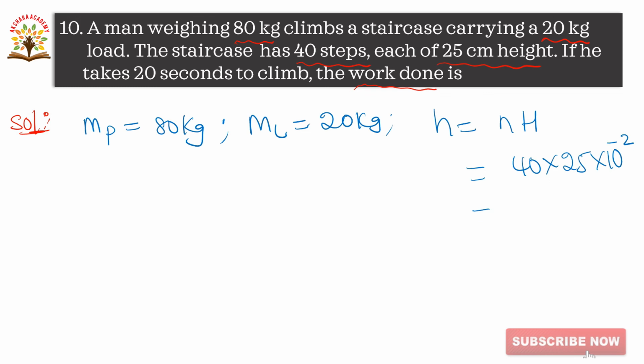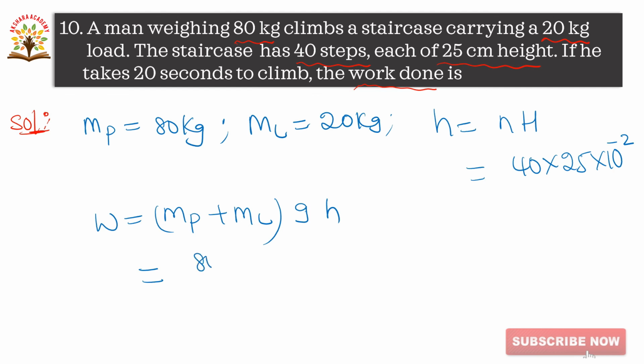Okay, next, work done W is equal to mass of the person plus mass of the load, into g into h, mgh. Here the mass of the 80 kilogram person plus the mass of the load, work done is equal to mgh.